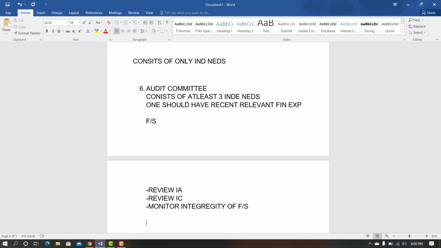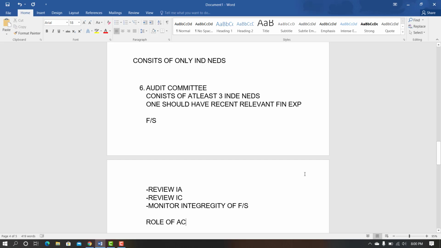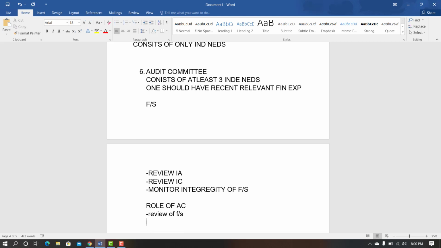So the role of the audit committee. What is the role of the audit committee? It is the same: review of financial statements. Another is review and monitor the internal control system.